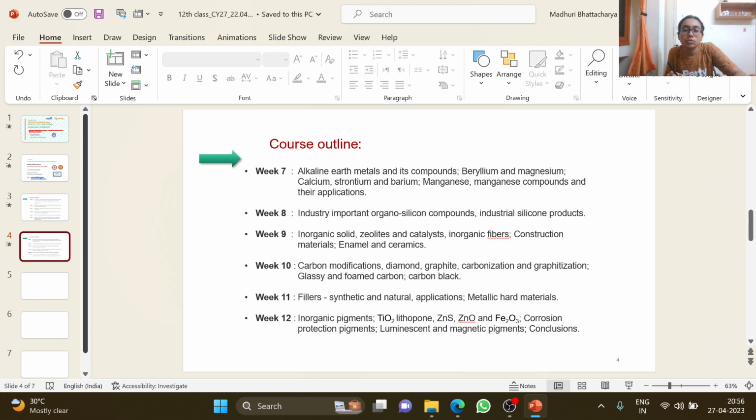Then zeolites, which are also silicon based compounds. Then some inorganic fibers, construction ceramic materials, enamels, the different forms of carbon, and today some filler materials and pigments also. So that's all for this course.